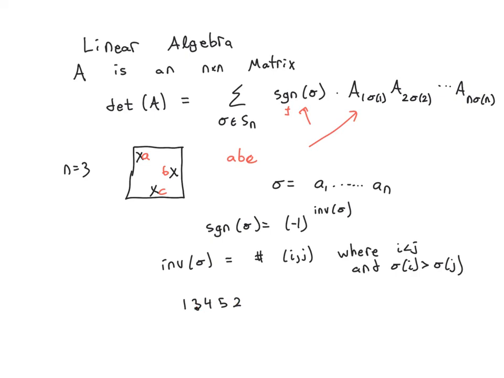So that's position 2, 5 is an inversion. Similarly, I see 4, 2, so that's positions 3 and 5. And 5, 2, that's positions 4 and 5. So there's 3 inversions right there for this permutation. And that's really it. So this permutation has 3 inversions, which means that this permutation is odd.